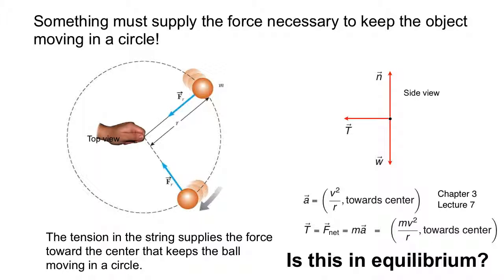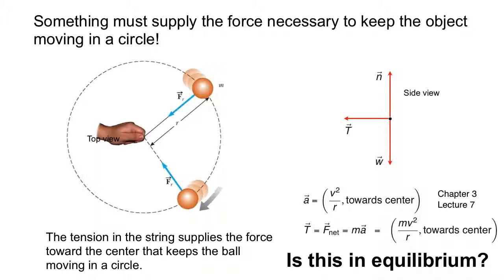So this one's tricky because we say that the speed, the magnitude of the velocity, stays constant. And if you remember, in equilibrium, the vector velocity stays constant, or zero. So we could call it equilibrium. This one, only the speed stays constant, but the direction of that vector changes. And so we say that this is not in equilibrium.